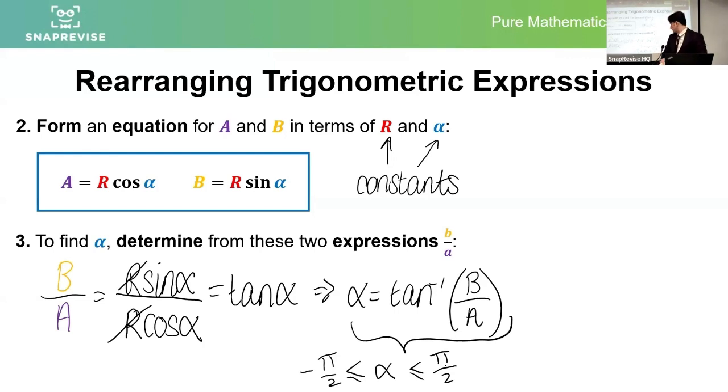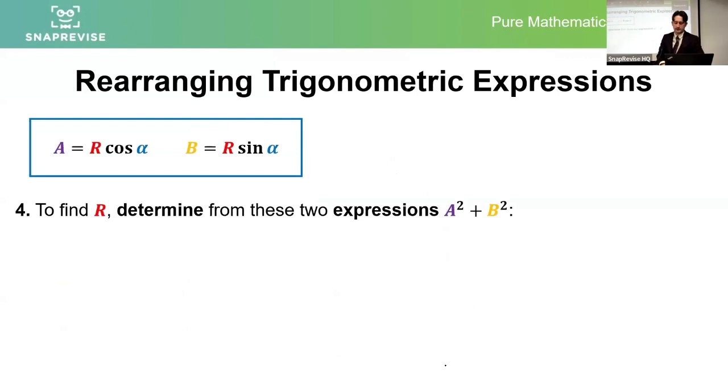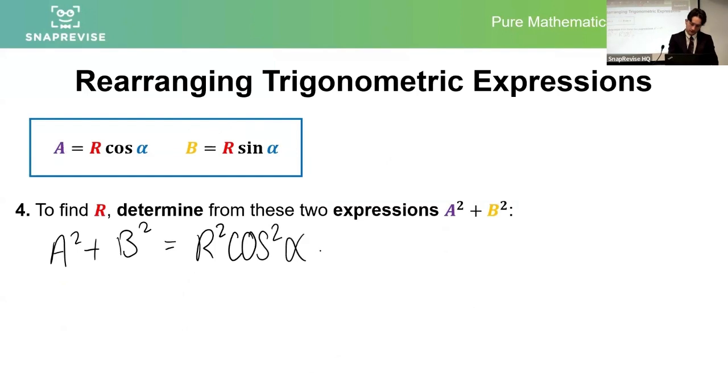So then the next thing we've got is to find R. And this is the bit that people just do in a rote fashion really quickly to get themselves the mark. But R is basically the two things squared and added up, because sine squared plus cos squared is 1, which factorizes out. So a squared plus b squared is r squared cos squared alpha, getting too excited here, I need to slow myself down, plus r squared sine squared alpha.